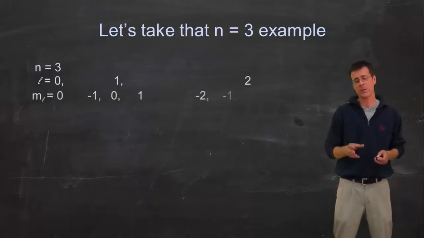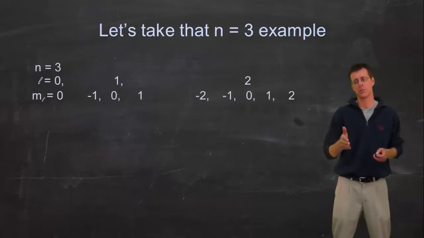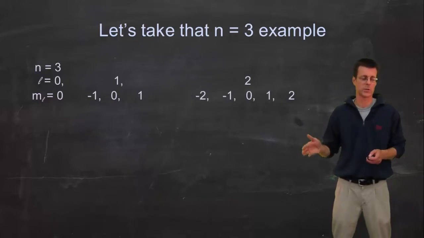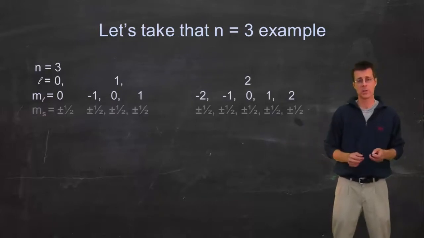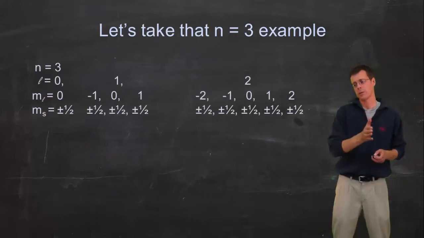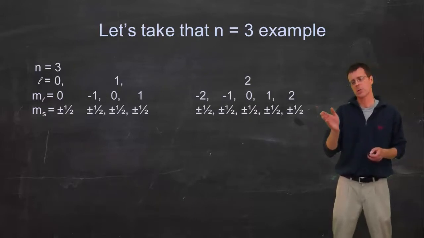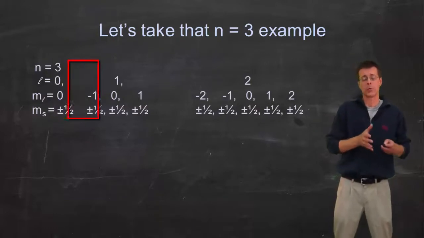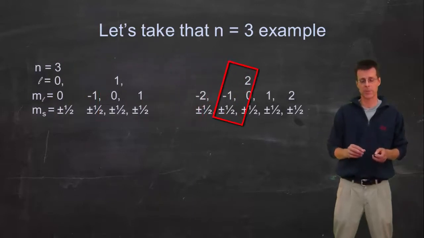In other words, if I look at each value of L in turn, then I have values of M sub L being 0; -1, 0, 1; and -2, -1, 0, 1, 2. And then finally, bringing my spins into the equation, I have spins of plus 1/2 or minus 1/2 all the way across. And if I start looking at all the different possible combinations to have a unique set of quantum numbers, I actually now have many more electrons.